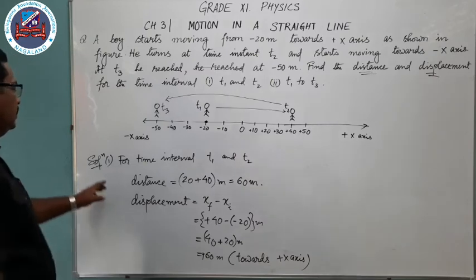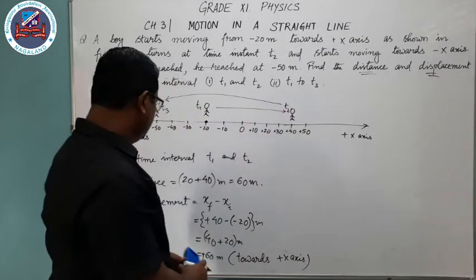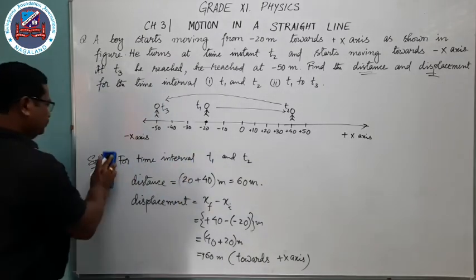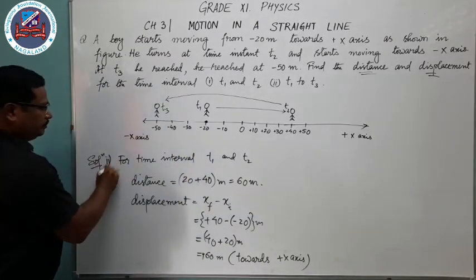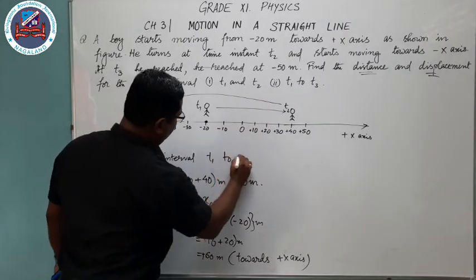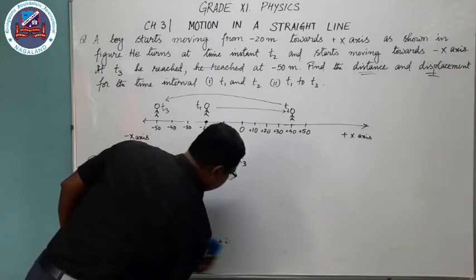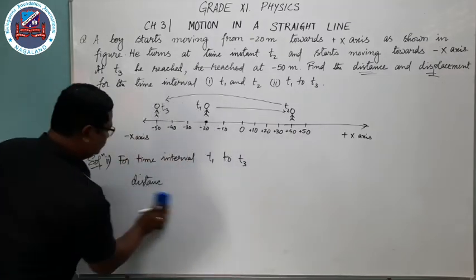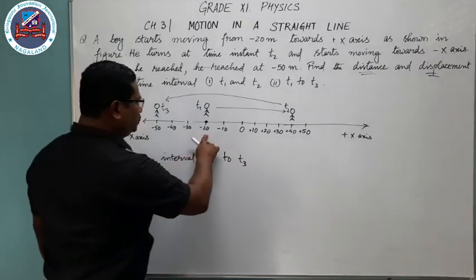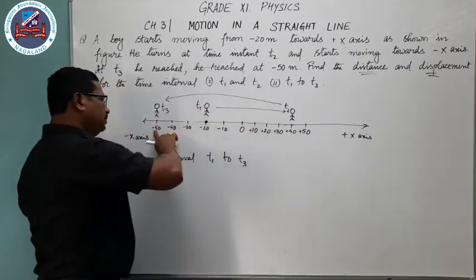Like that for the second case, from t1 to t3. Let us see the distance first. From t1 to t3 means from t1 he traveled up to t2, then he came back to t3.